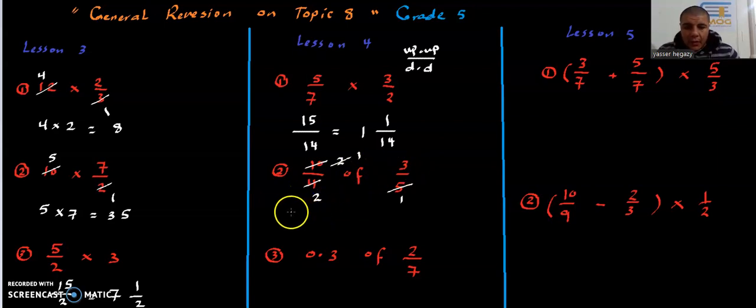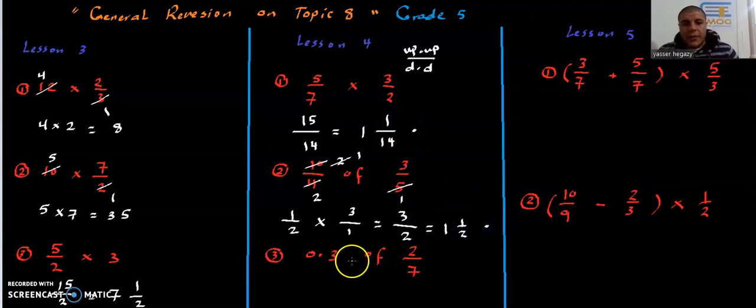Then multiply up by up, down by down. 1 multiplied by 3 equals 3. 2 multiplied by 1 equals 2. I need to write it as a mixed fraction. 3 divided by 2 will be 1 and a half. That's it. No more.